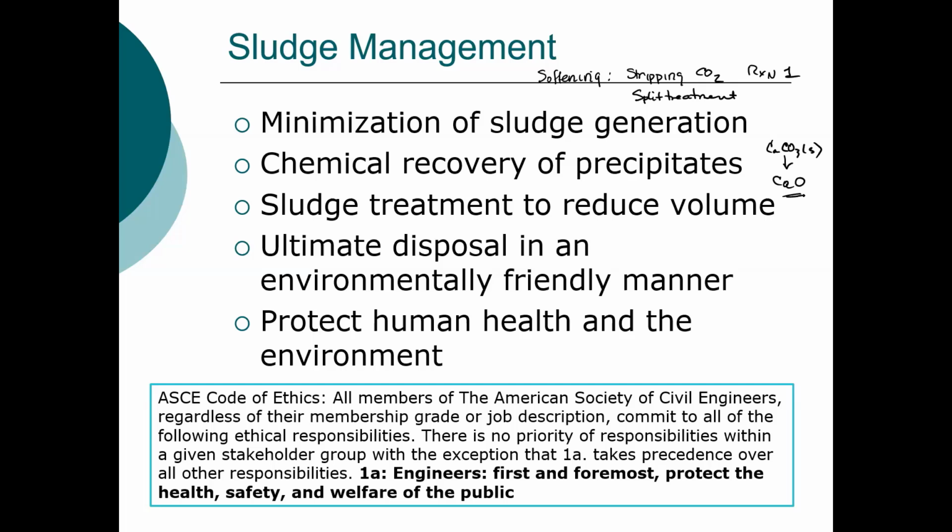Problem is it's extremely energy intensive to do that. And this has been the biggest problem with reusing that calcium carbonate sludge. Reducing the volume of the sludge. And this is important because it can reduce disposal costs.